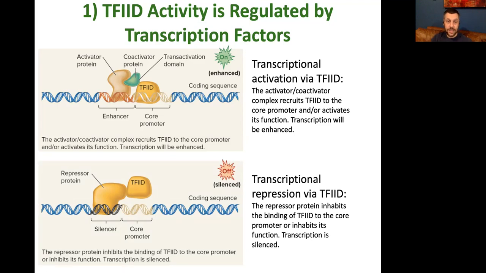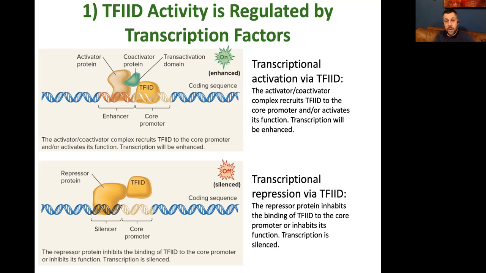So these are two ways that different types of transcription factors, either activating or repressing transcription factors, can regulate transcription. Not through direct interaction with RNA polymerase, rather through RNA polymerase's best friend, TF2D.